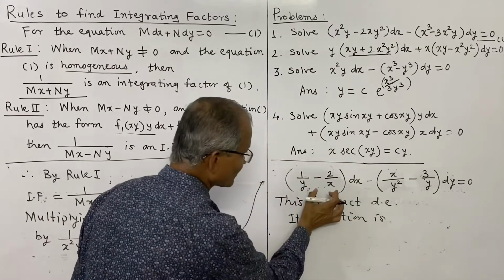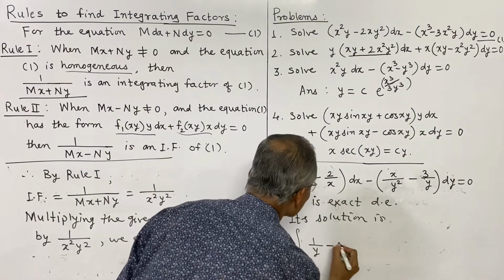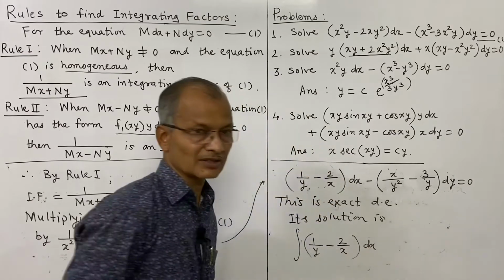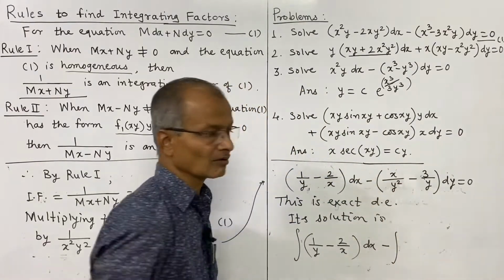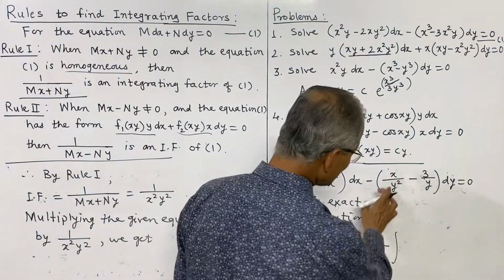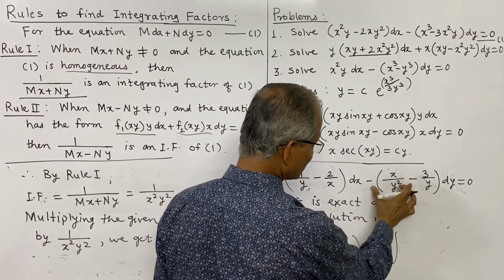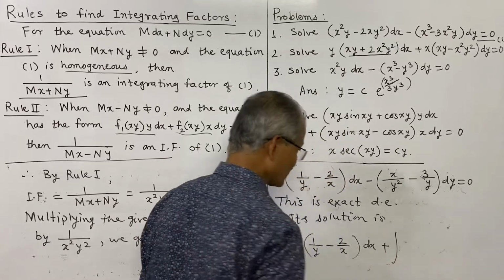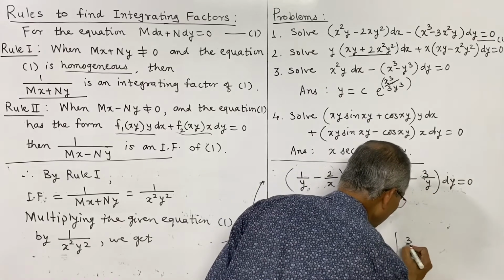integral of the first coefficient, M dx, and that is 1 upon y minus 2 upon x dx. Here y is to be treated as constant, minus the terms of N, the coefficient of dy, not containing x. You see, this term contains x, but this term does not contain x, and it is positive, so plus 3 upon y, the term not containing x.